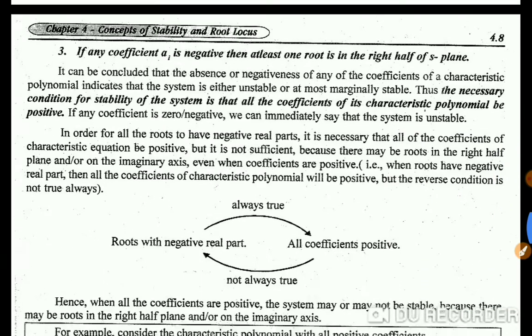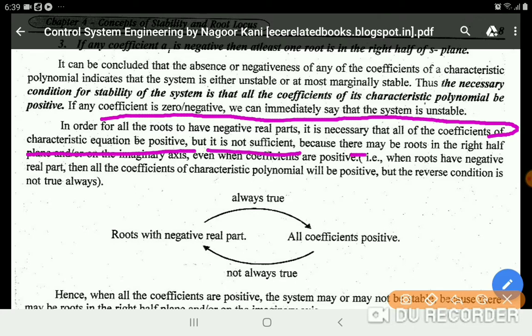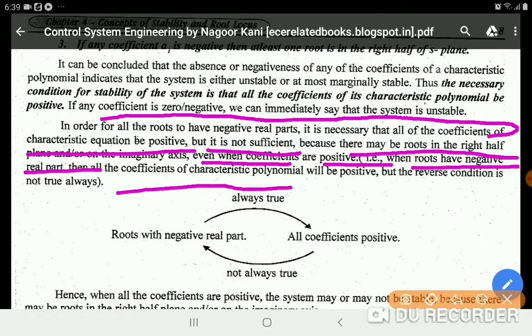At the same time, in order to have all the roots with negative real parts, it is necessary that all the coefficients of the characteristic equation are positive. But it is not sufficient, because there may be roots in the right half of the S plane and on the imaginary axis. When all the roots have negative real parts, then all the coefficients of the characteristic polynomial will be positive, but the reverse is not always true.